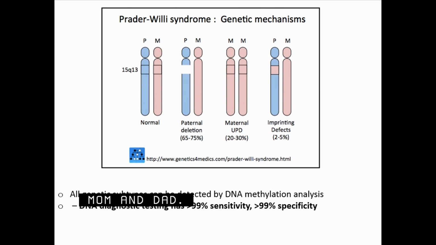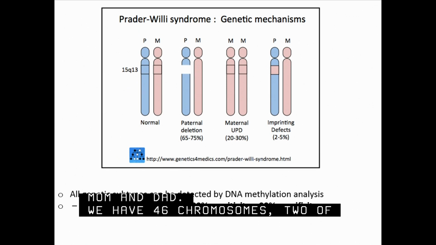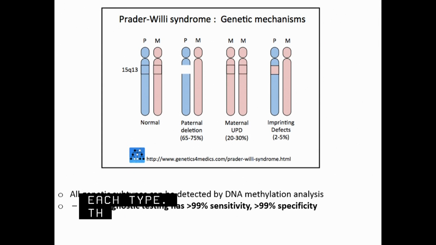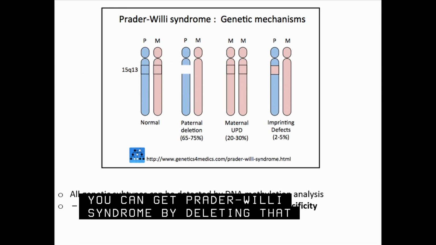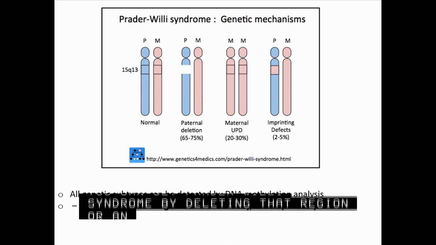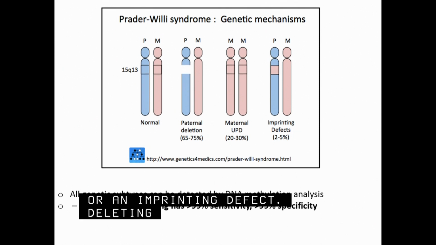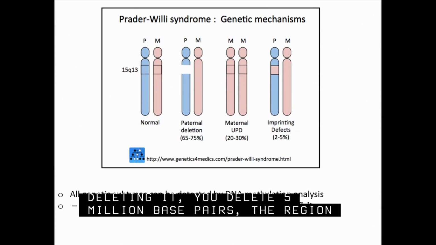This region in here is a very important region. You can get Prader-Willi syndrome by deleting that region, uniparental disomy, or an imprinting defect. With deletion, you delete 5 to 6 million base pairs, the region's gone, so there's no paternal contribution, and that's about 70%.